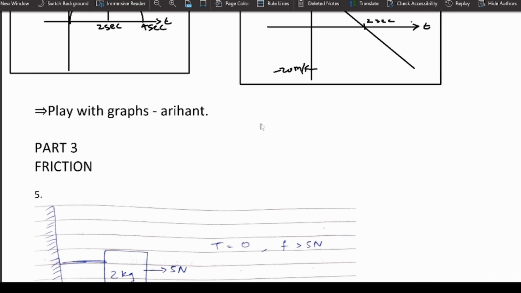And as I said, the value of graphs in physics in all of JE is 16 to 20 marks, which is a lot in my opinion. So please do not take this lightly, and any serious JE aspirant should be able to solve any graph question. Any questions now?